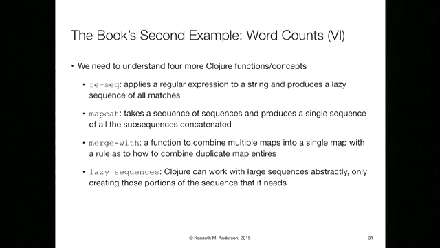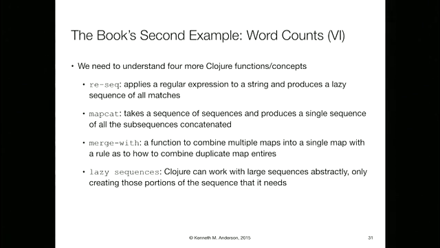Okay, so I need to introduce you to 4 more concepts with Clojure, and then we can actually show you the word count application. So re-seq takes a regular expression and a string, and then produces a lazy sequence of all matches of that regular expression. I'm just going to assume you know regular expressions. If you don't, they're pretty easy to grok, and there's tons of tutorials online.